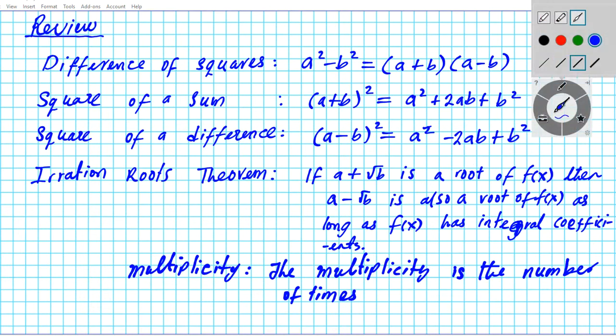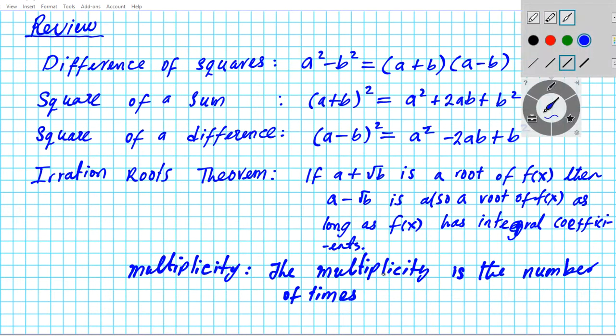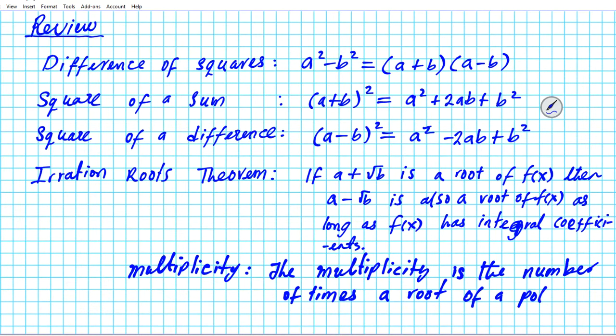Okay, so the multiplicity is the number of times, let's just go with roots, the number of times a root of a polynomial occurs. Okay, so that's the whole idea of multiplicity.